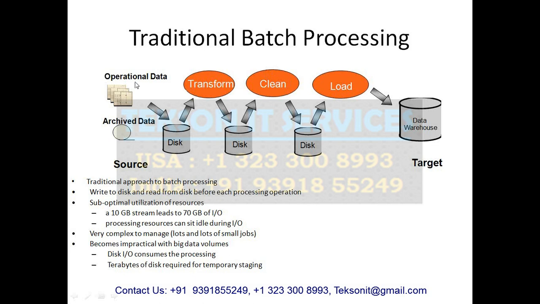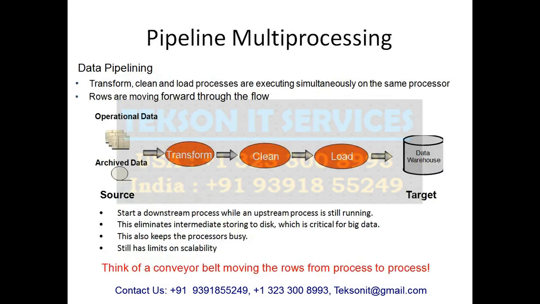So if you have 10 GB of data, in the current scenario it requires 70 GB of processing resources. With very large batches in traditional processing, it was very difficult to hold or process the data, or the hardware required was very large. So DataStage comes up with an option of pipelining multiple processing.